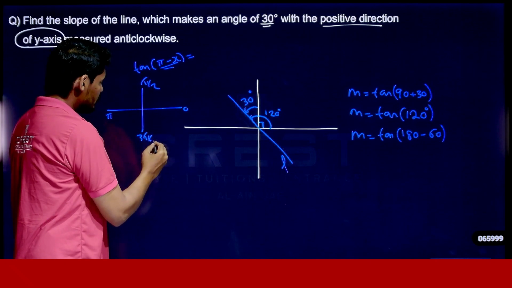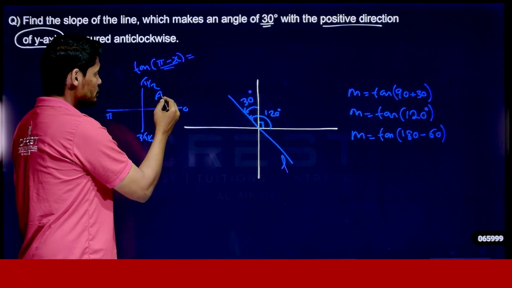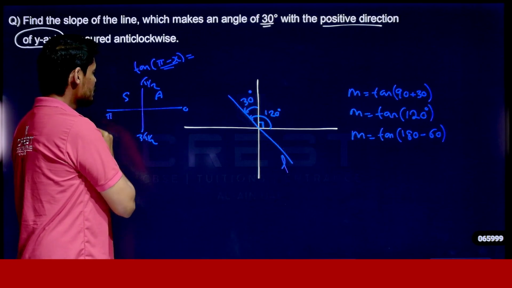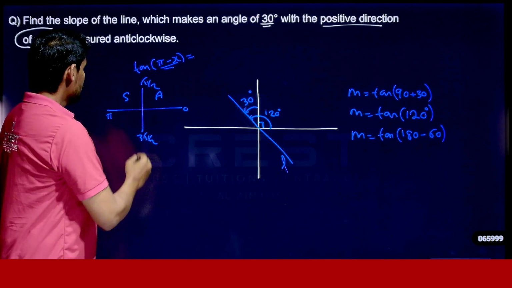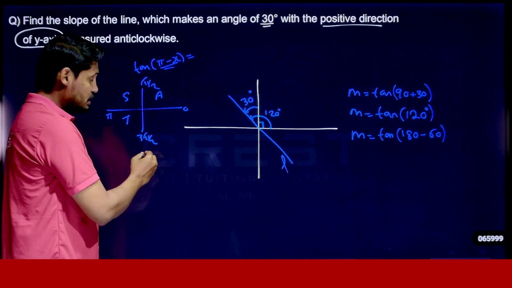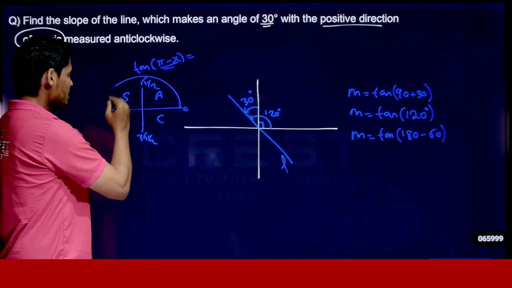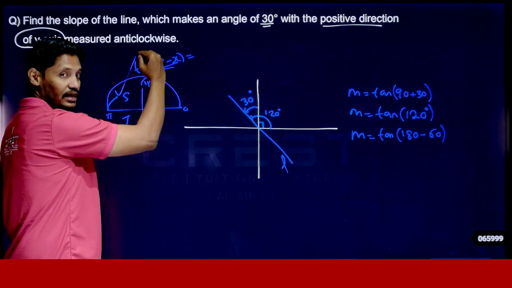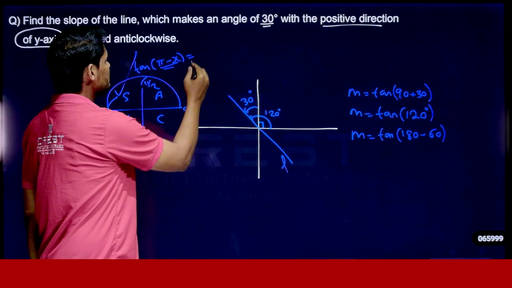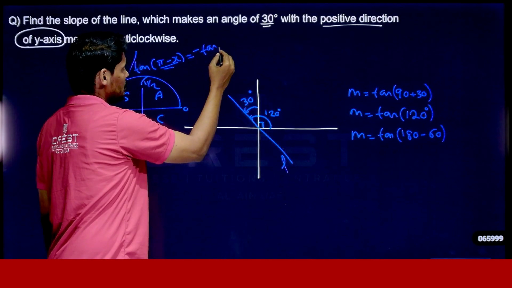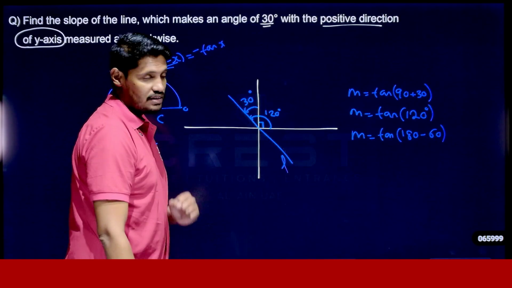In the first quadrant, all trigonometric functions are positive. In the second quadrant, sine and cosec are positive. In the third quadrant, tan and cot are positive. In the fourth quadrant, cos and sec are positive. So with pi minus x we remain in the second quadrant, and tan of pi minus x is minus tan x, because tan is negative in the second quadrant.